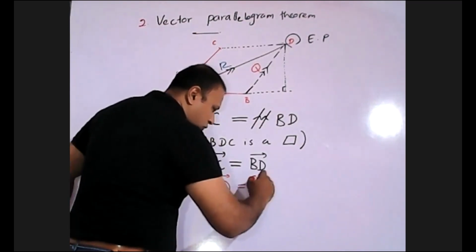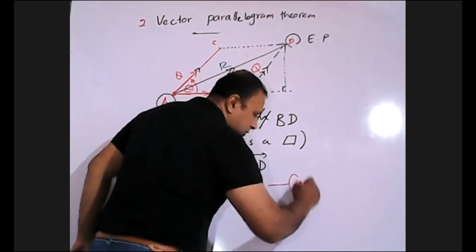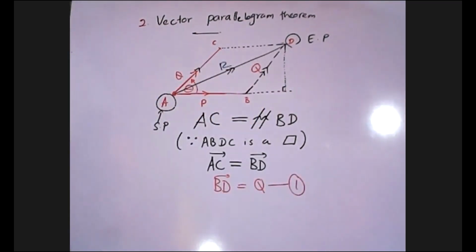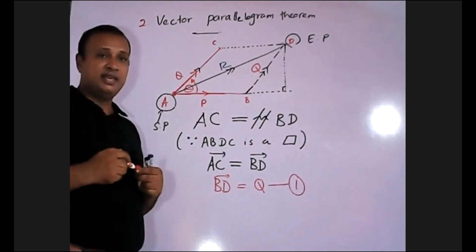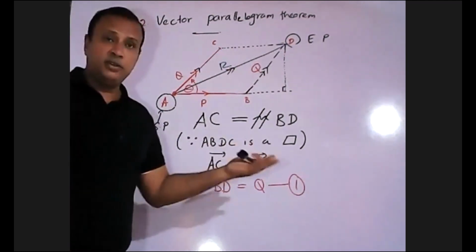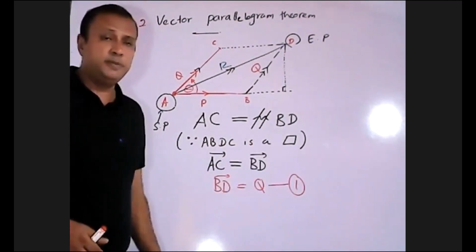That means BD vector is equal to Q. Then I can apply the vector triangle theorem, the principle of vector addition.